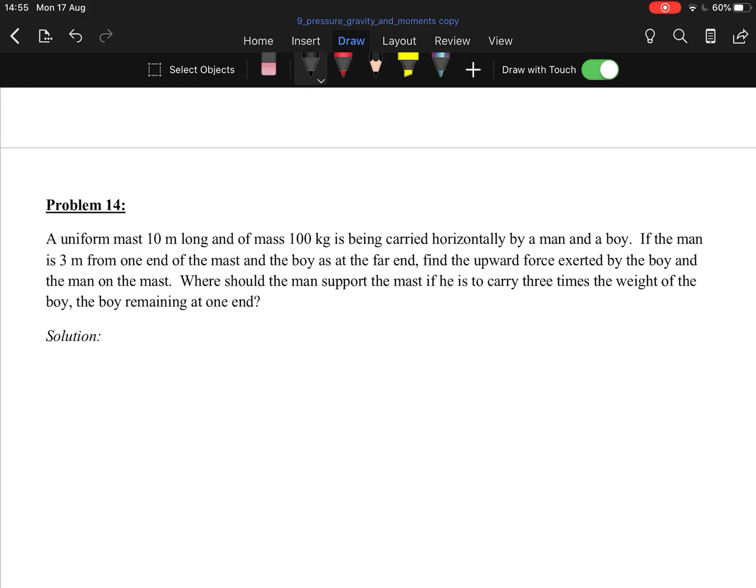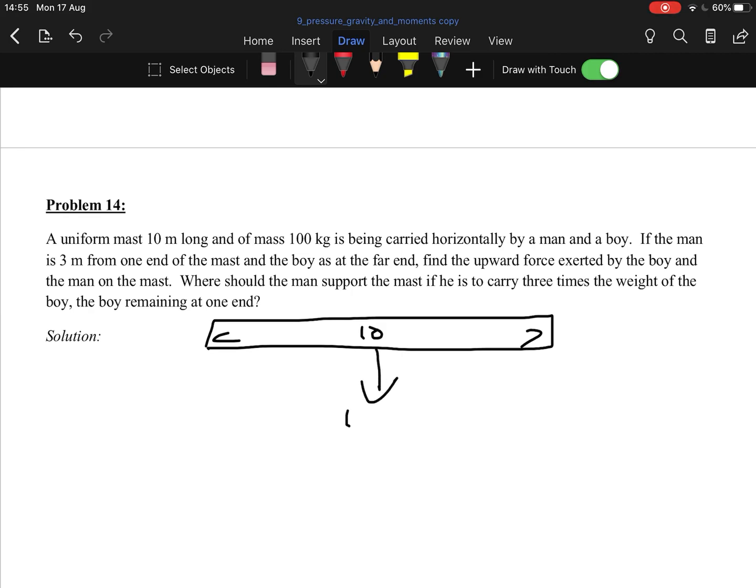So a uniform mast is 10 meters in length. So that's 10 meters. And a mass of 100 kgs is being carried horizontally by a man and a boy.